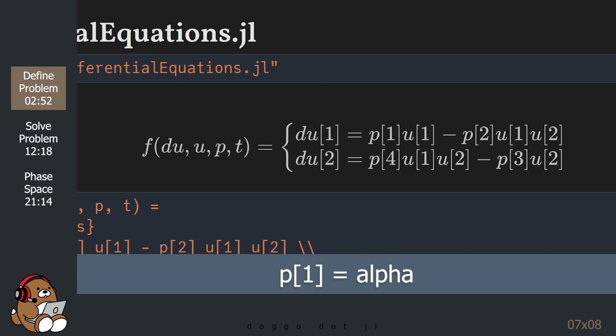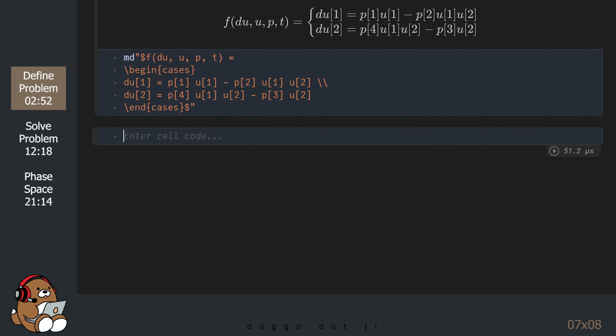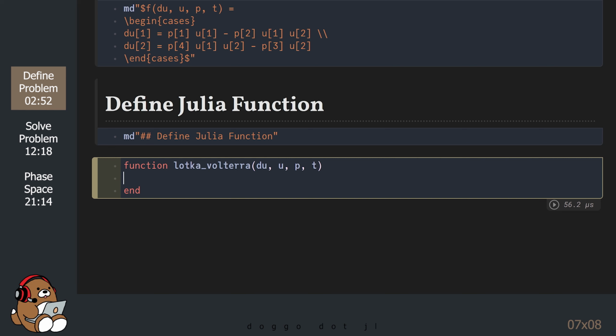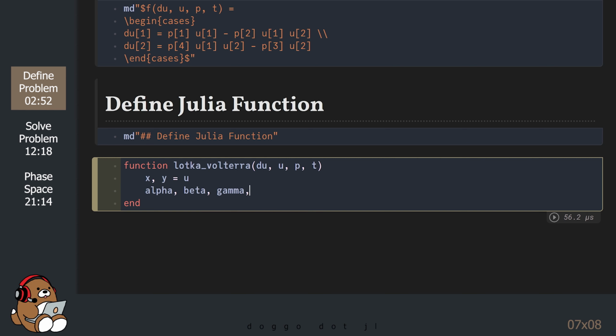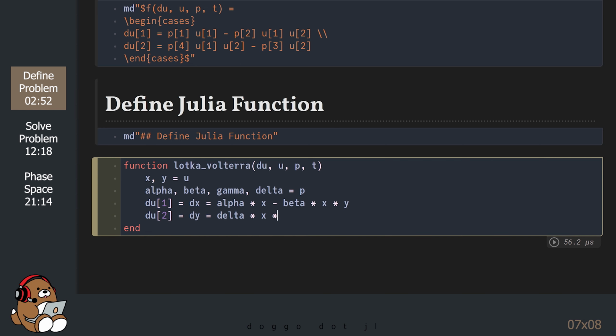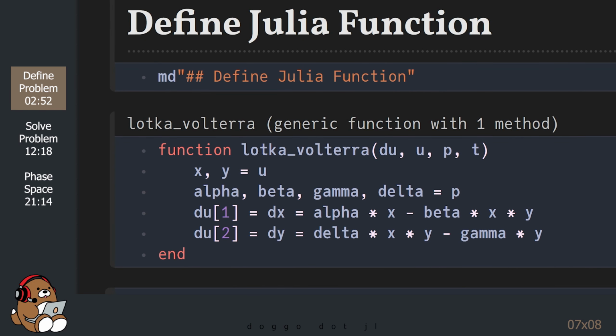So in this case, p1 is alpha, p2 is beta, p3 is gamma, and p4 is delta. We can clean up these equations when we define the Julia function. So that's a lot easier to read.